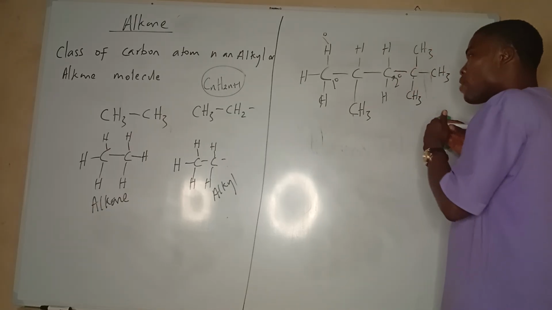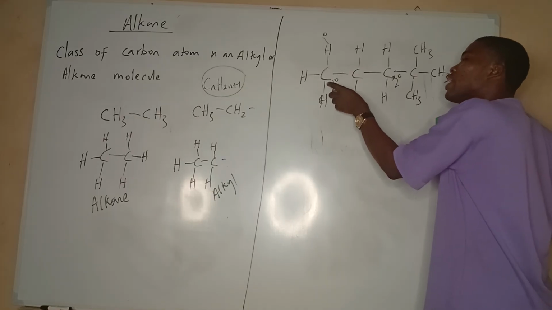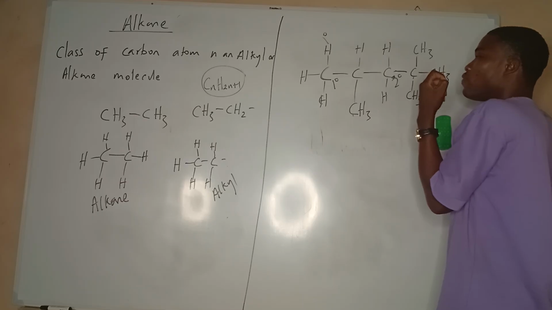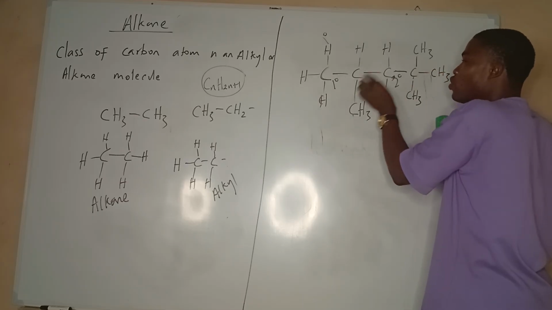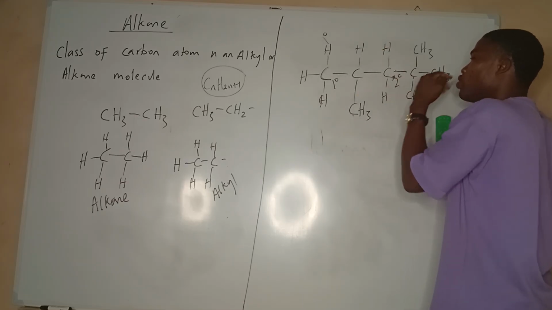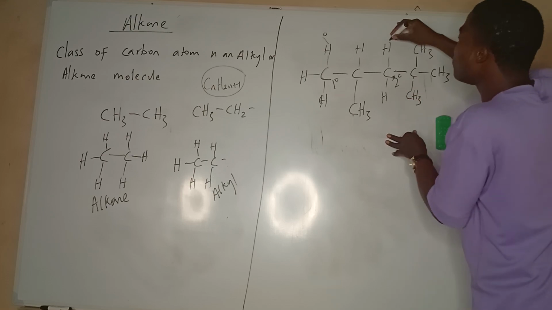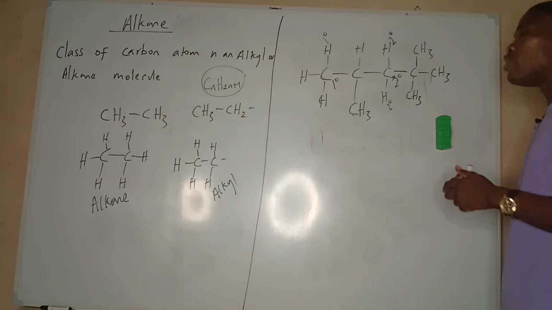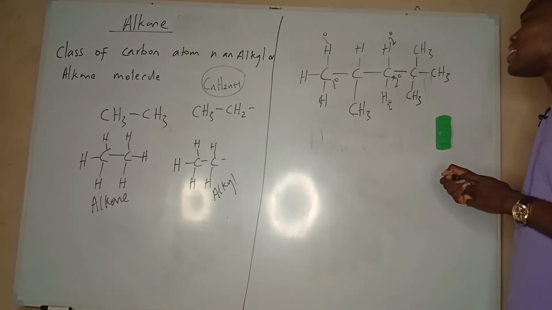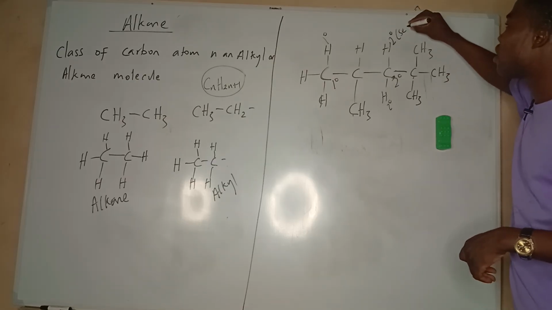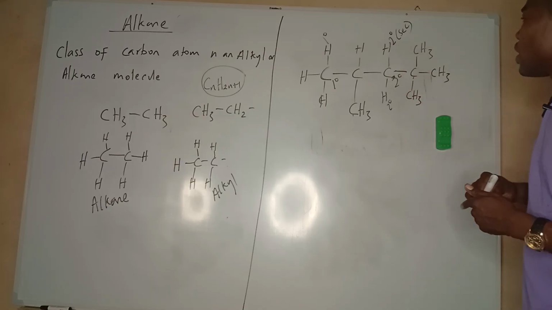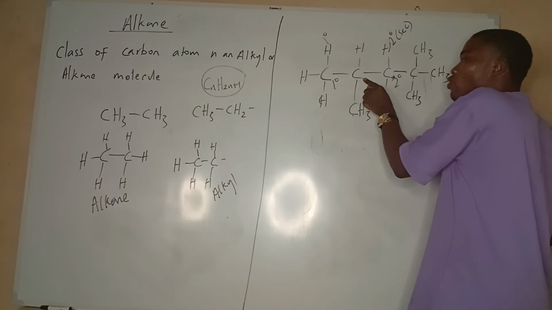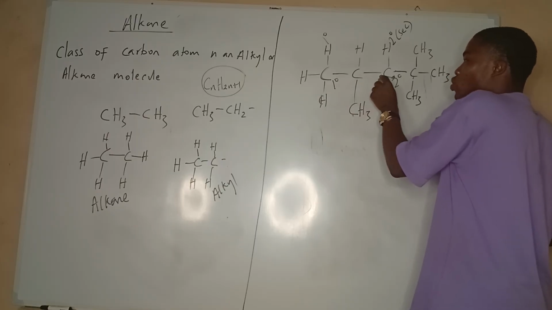Remember, for primary, the carbon was bonded to one carbon and had three hydrogens. Now it is bonded to two carbons and has two hydrogens. So it is a secondary carbon, and the hydrogens become sec hydrogens. Sec hydrogen. Now this carbon is attached to three different carbons. Check: one, two, three.